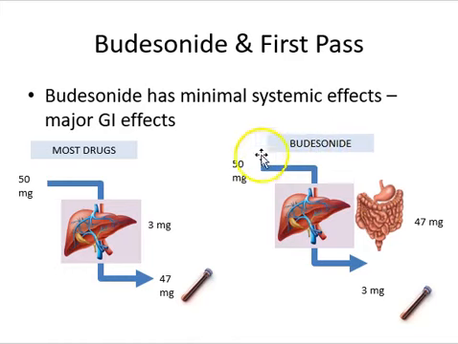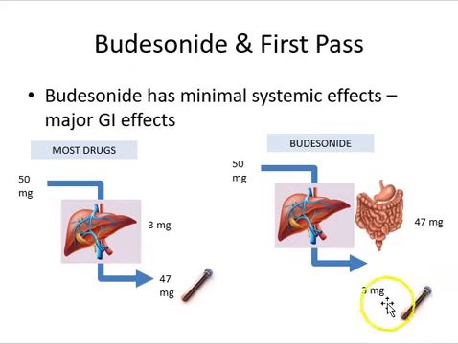So here, say 50 milligrams of budesonide are administered, 50 milligrams hit the liver, and 47 of those milligrams stay within the GI compartment. Only 3 milligrams of the administered drug can actually be observed in the serum. So this is great. This means a maximal effect at the site of activity, or the molecular site where you want the drug to have its clinical effect, and a very low amount of drug systemically, because we don't want budesonide floating around in the blood.